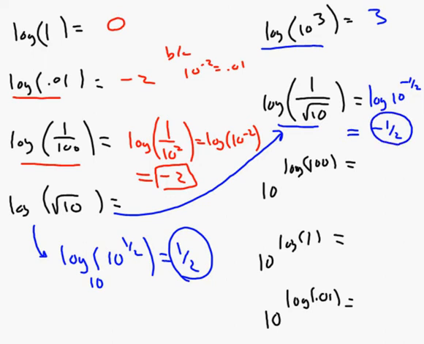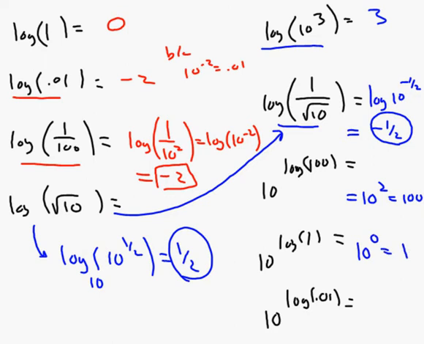These last three questions you can answer two ways, especially because they have nice exponents. And here's what I mean by that. Log of 100 is just 2. So this is really saying the same thing as 10 to the 2nd power, and the answer is 100. Look at the next example. Log of 1 is saying what power do I put on 10 to get 1? We know that's 0. So then I'm doing 10 to the 0 power. Well, that's just 1.